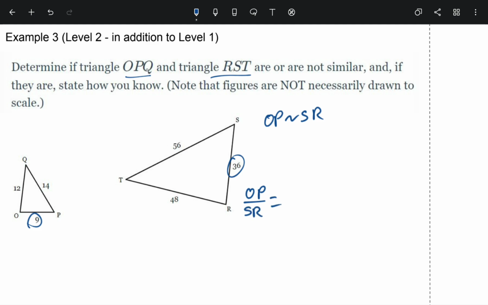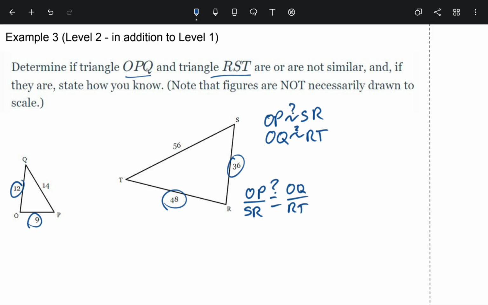Okay, so OP over SR might equal the next biggest side, OQ over RT.